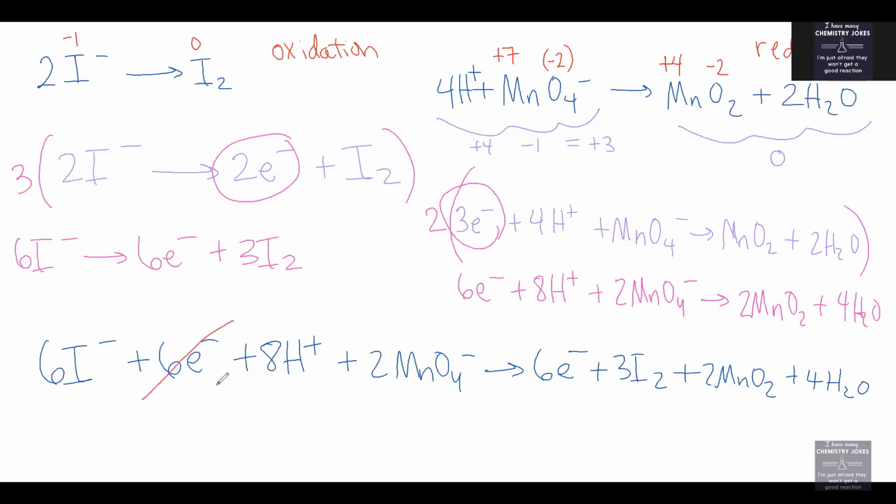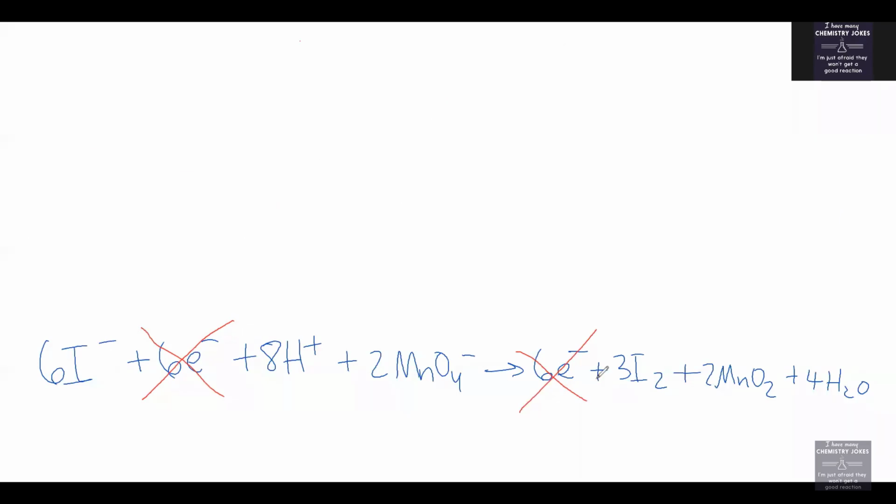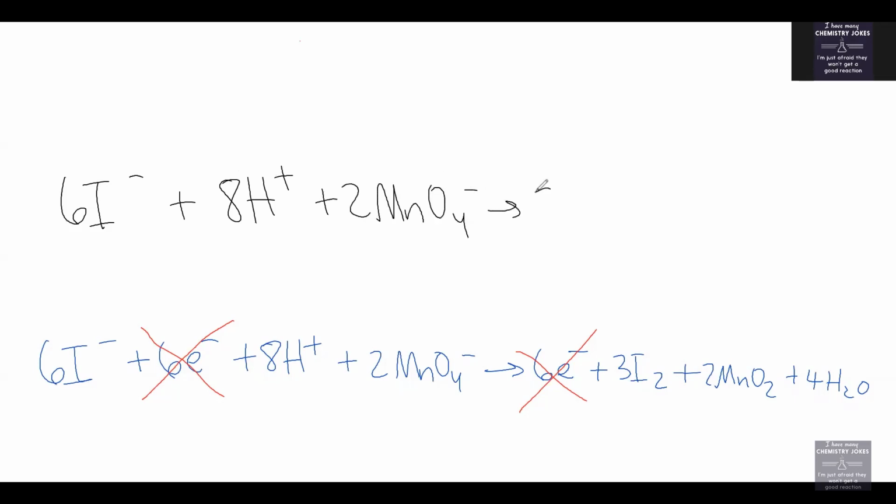We definitely need to cancel out our electrons, and if we cannot cancel our electrons, we did something wrong. Nothing else cancels here. So our final balanced equation is 6I minus plus 8H plus plus 2MnO4 minus yields 3I2 plus 2MnO2 plus 4H2O.